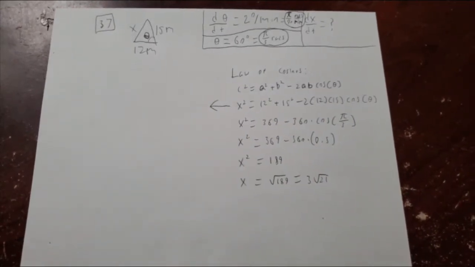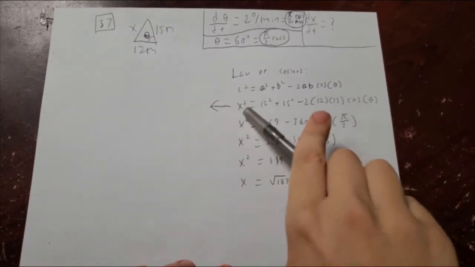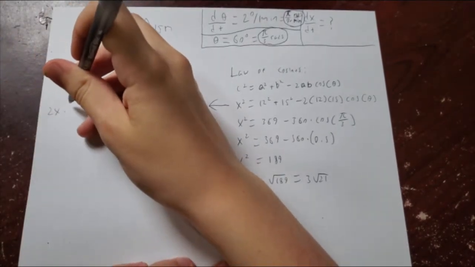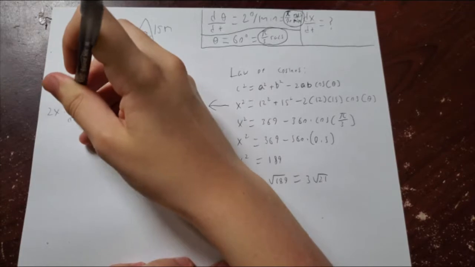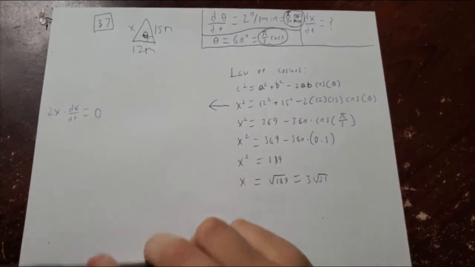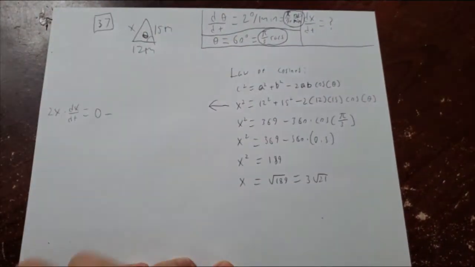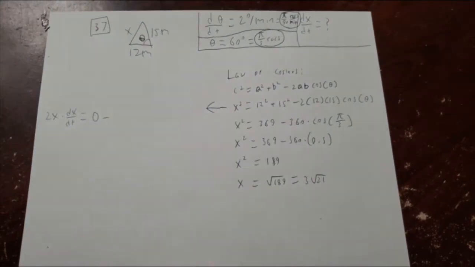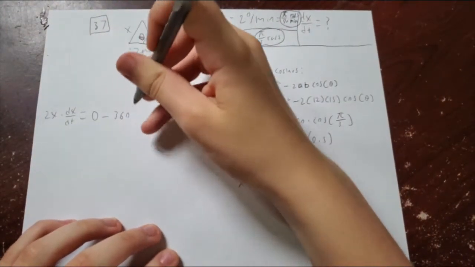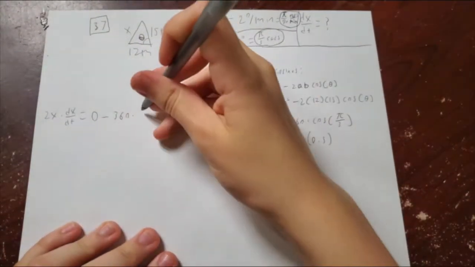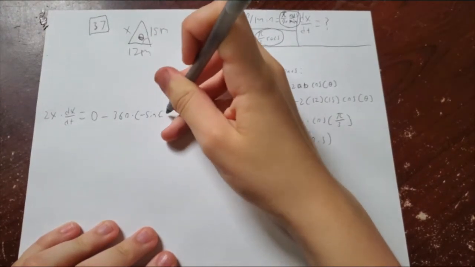Now what we can do is take the derivative of this equation. That's going to be 2x times dx dt equals, and then the derivative of 369 is 0, minus 360 times the derivative of cosine theta, which is negative sine of theta.